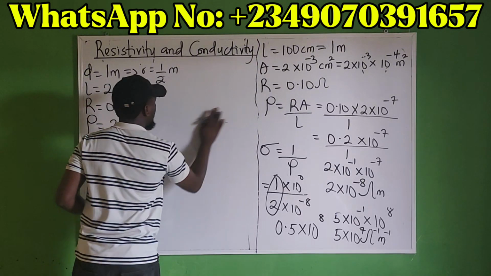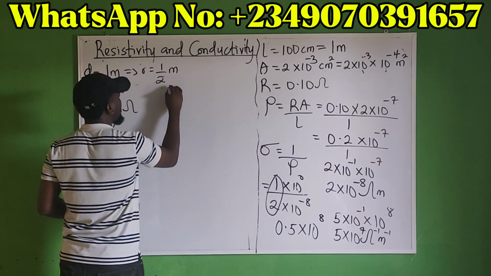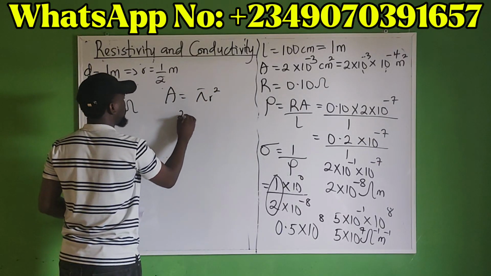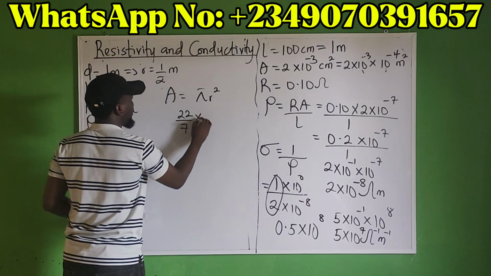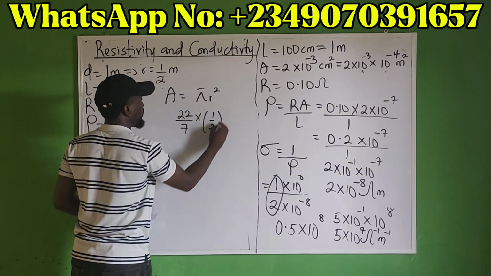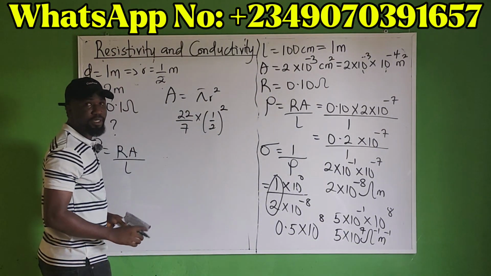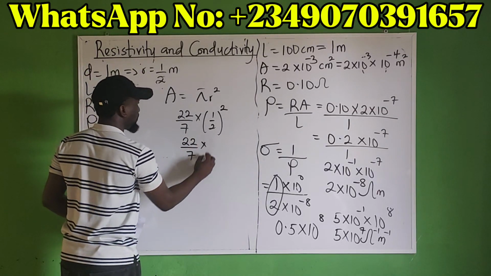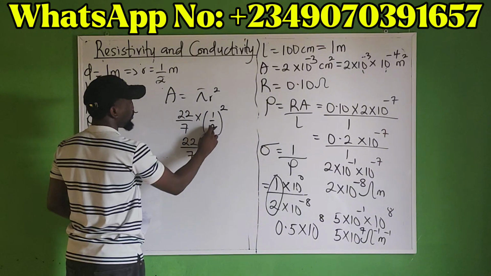So if radius is 1 over 2 meters, let's now get area of a circle. Area of a circle is what? It is pi r squared. So what is pi? That's 22 over 7 multiplied by, the r is what? That's 1 over 2. So 1 over 2 all squared. Are you getting it? So this is what? 22 over 7 multiplied by 1 square, that is 1. 2 square is what?